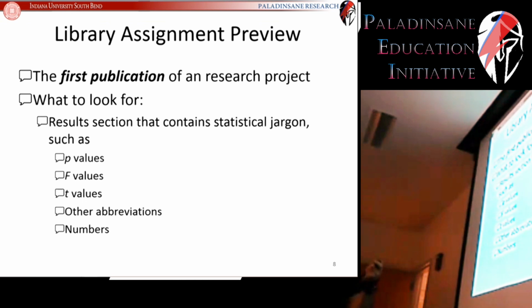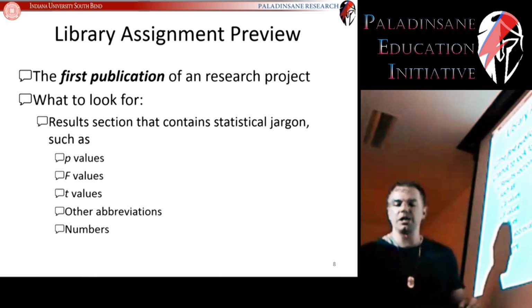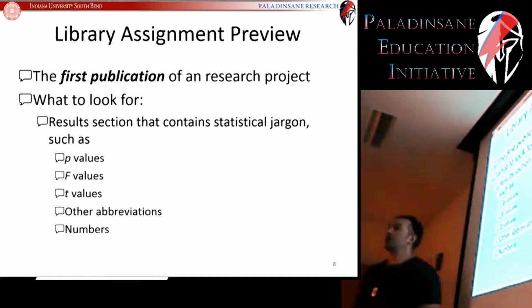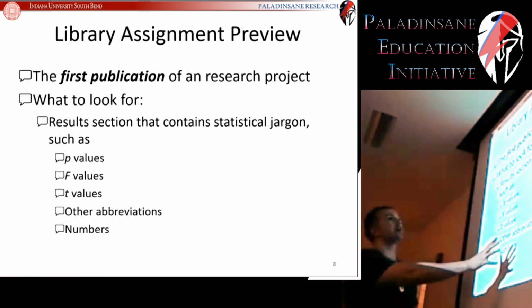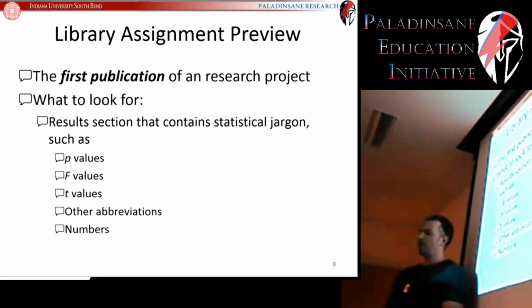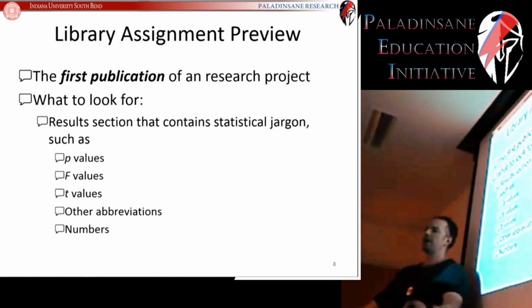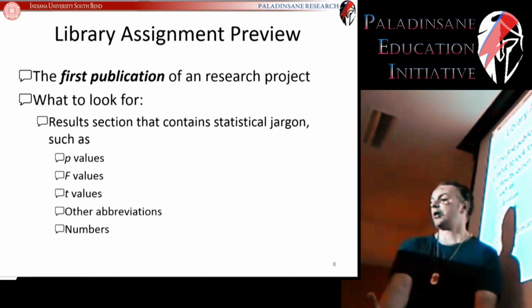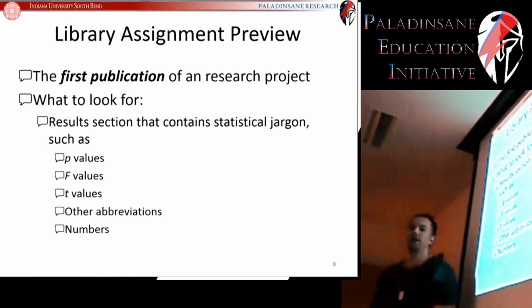All right, so now we're switching gears away from the library assignment to what you're going to do afterwards. Once you find your articles, these are the articles that are going to form the background research of your research paper. So we need to write about something. We need to write about false memories. We need to write about group cognition.